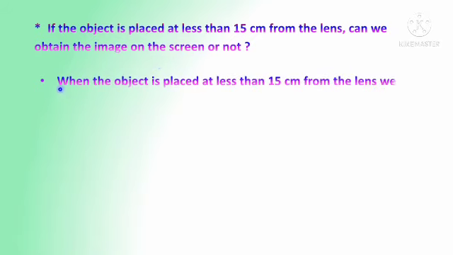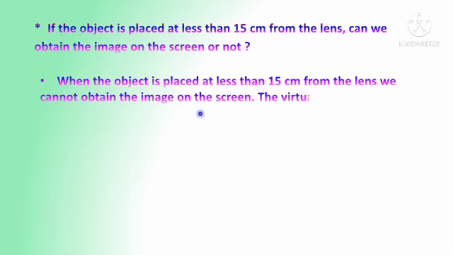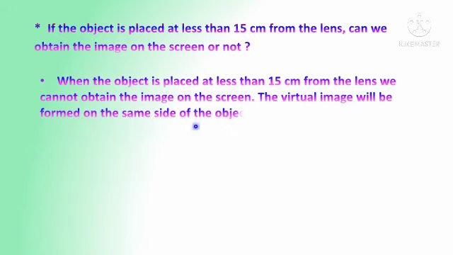Yes, children, when the object is placed less than the focal length from the lens, we cannot obtain the image on the screen. Why? Because we will see a virtual image. The virtual image will be formed on the same side as the object, not the screen side. That is, we will find the image on the object side only.